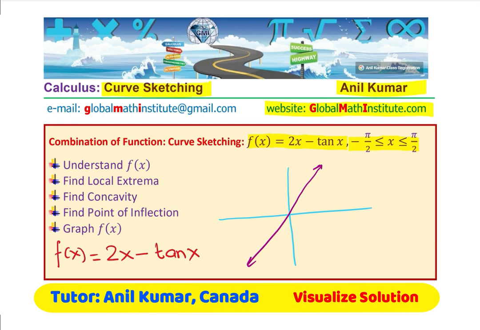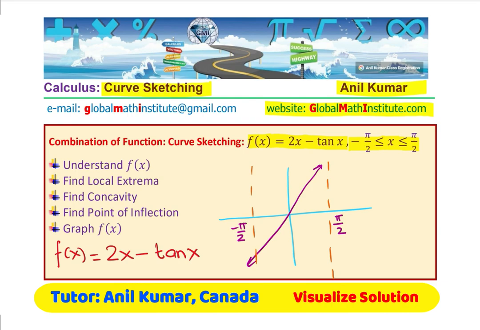The interval is minus pi by 2 to plus pi by 2. And for tan x, we have the vertical asymptotes at pi by 2. So clearly, our domain is restricted to minus pi by 2 to plus pi by 2, and the boundary is defined by these vertical asymptotes.